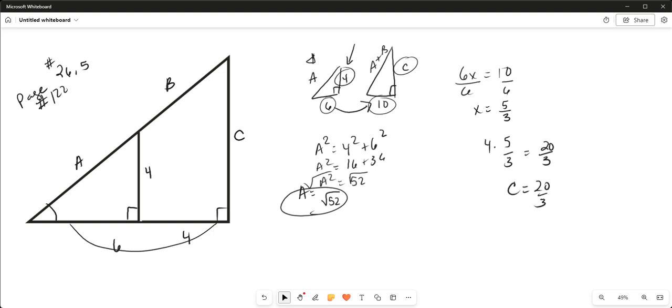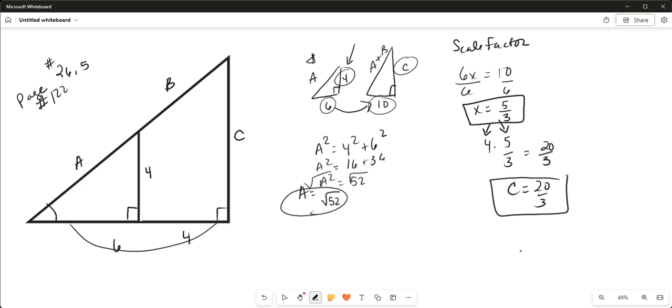We can also find that using proportions. So this is scale factor: we multiply the scale factor times that smaller side of 4 to get 20/3.